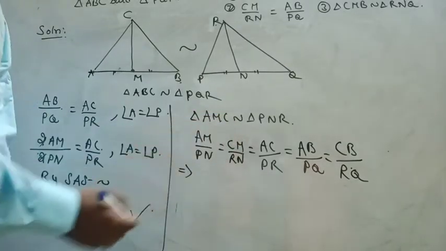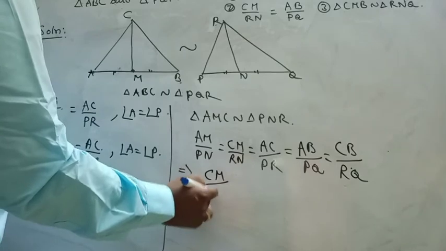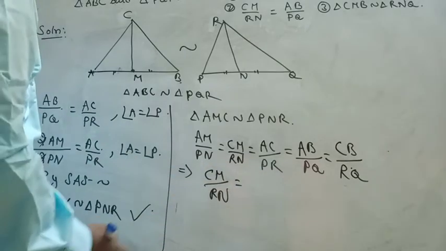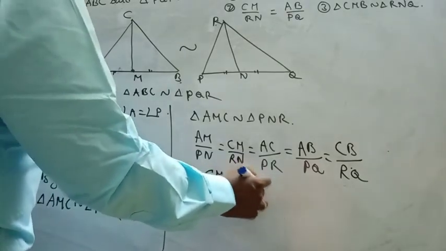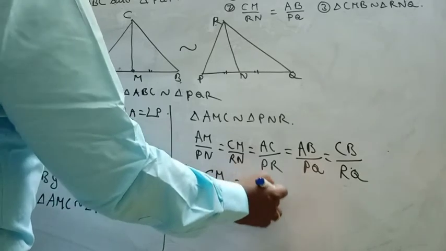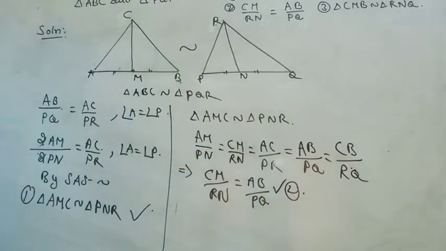That implies CM by RN is equal to AB by PQ. Such a wonderful way you have got the second one.